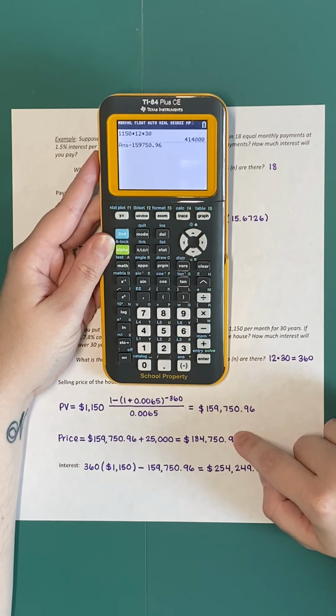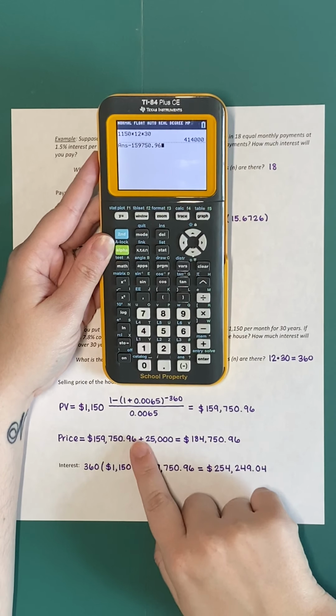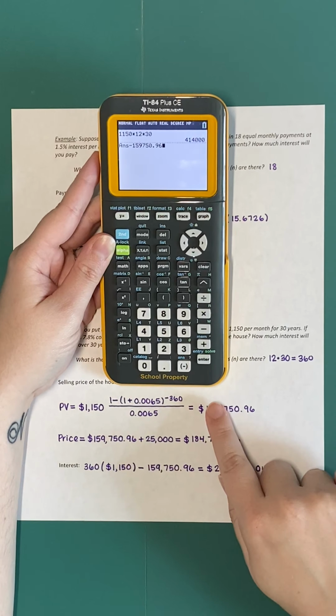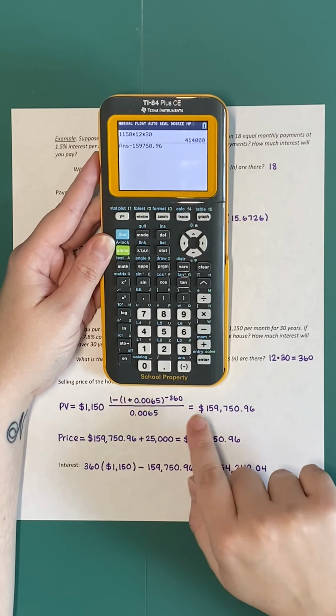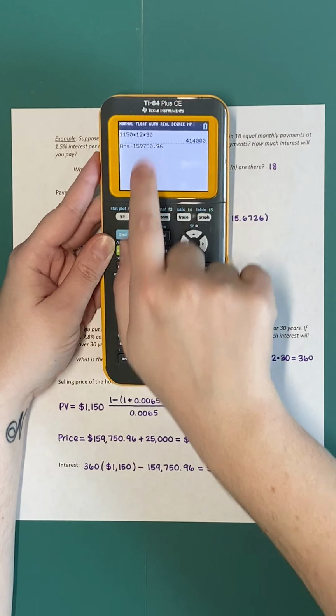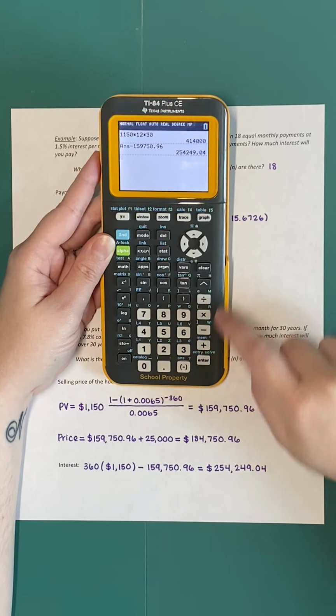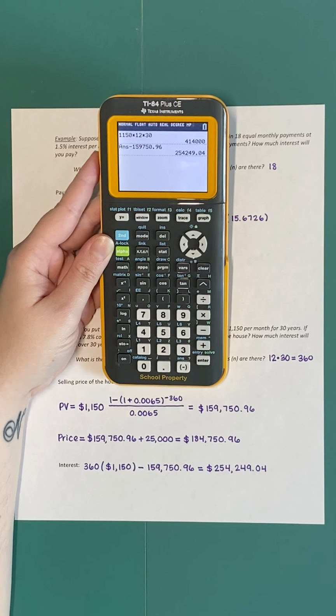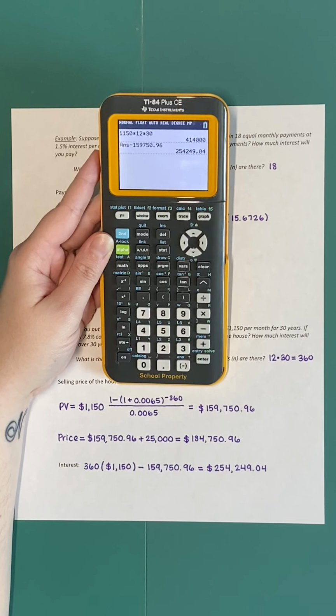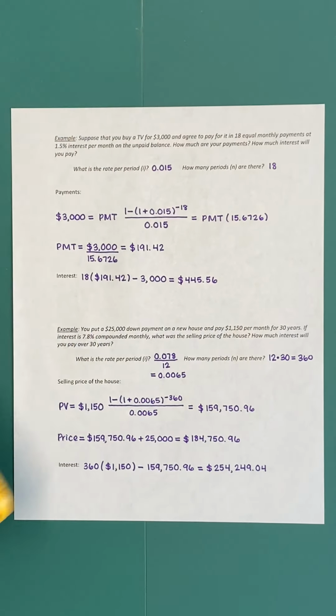Don't mix the two numbers up here. This includes the down payment, which is not charged interest. This is the only portion that's charged interest. So minus that portion that's charged interest, that is going to be the amount of interest you pay. So $254,249.04.